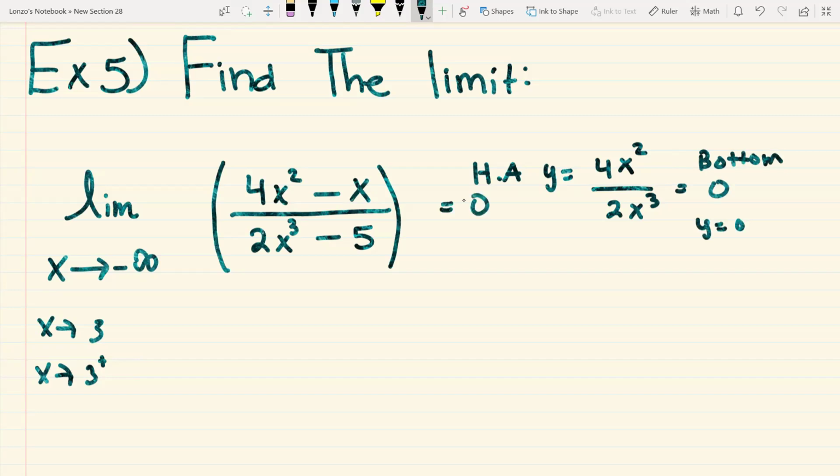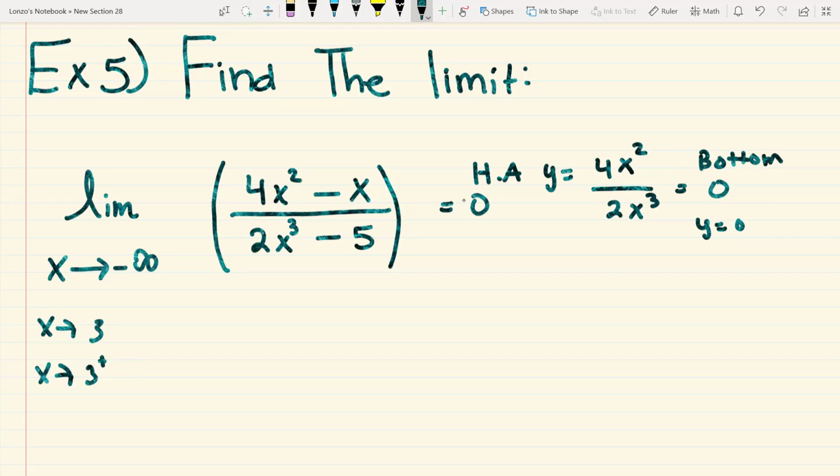Okay. But unfortunately, you can't just say our limit is 0 because our horizontal asymptote is 0. You're going to have to do some work. So what you're going to do is divide each term by the highest power of the denominator.